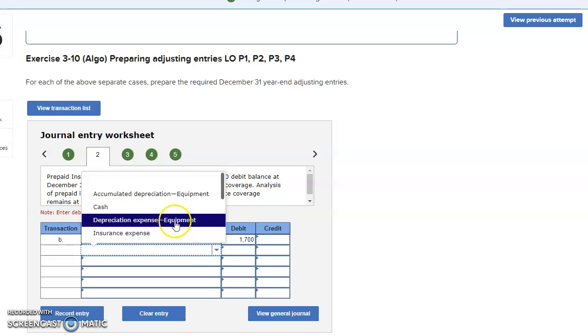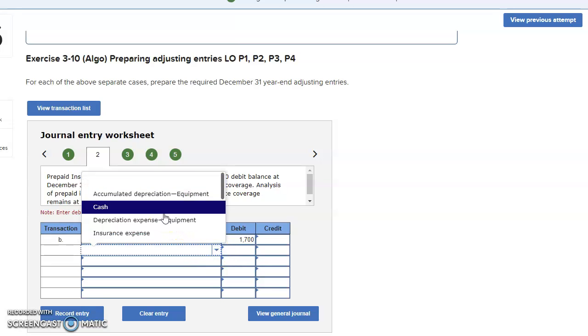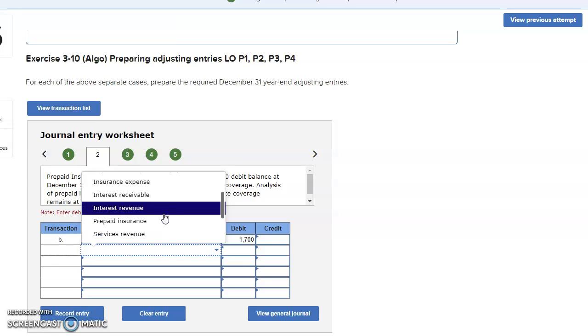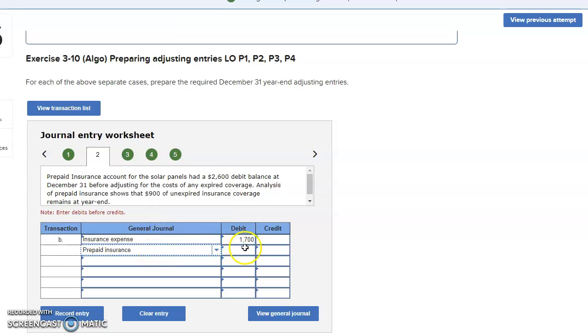And then the other adjustment is the prepaid insurance, right here. That prepaid insurance has to be credited. And that's all we have to do on that one.